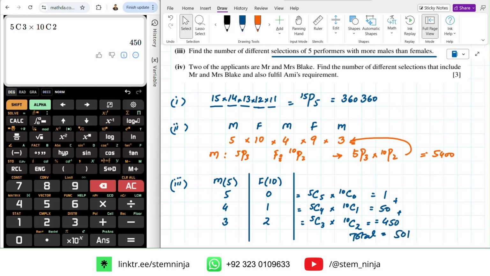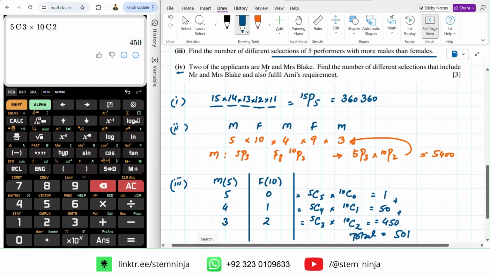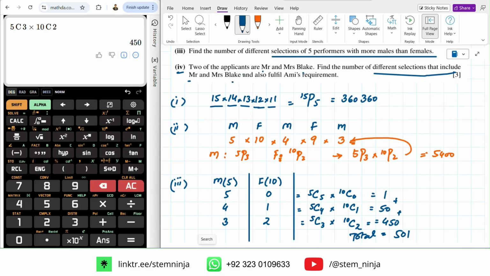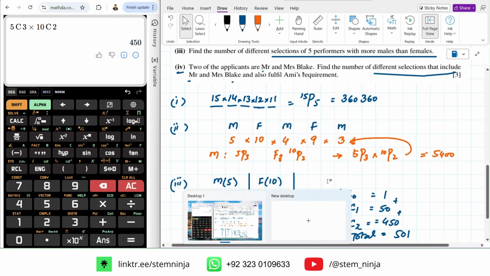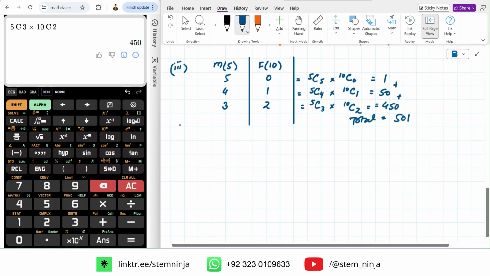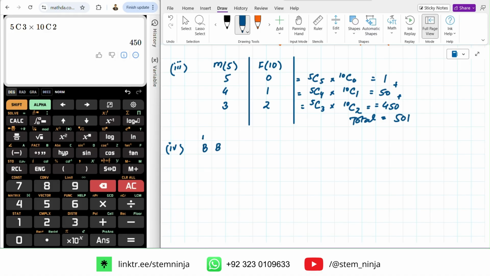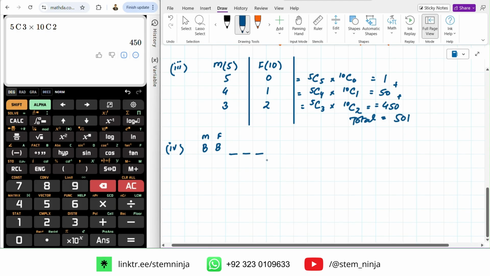Right. Now, two of the applicants are Mr. and Mrs. Blake. Find the number of different selections that include Mr. and Mrs. Blake and also fulfill Amy's requirement. Mr. and Mrs. Blake, that means male and female, they have been selected. But for the three remaining places, again, we have multiple choices.